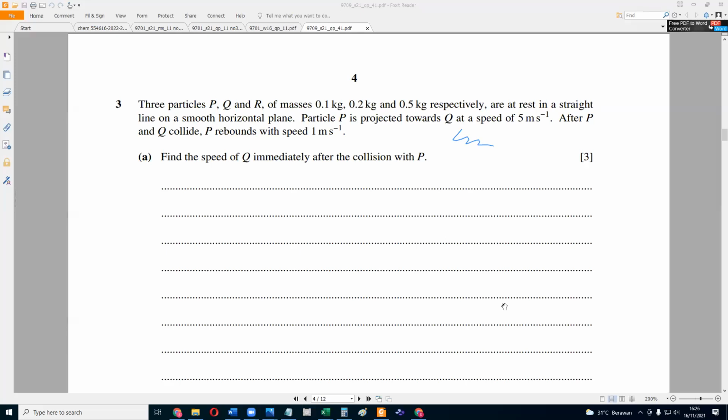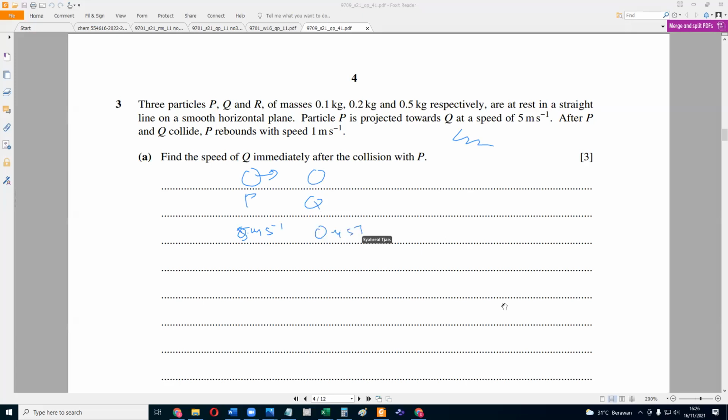Okay, we have P and Q. Particle P is moving towards Q with the velocity of 5 meters per second. Q is 0 meters per second. It's not moving.